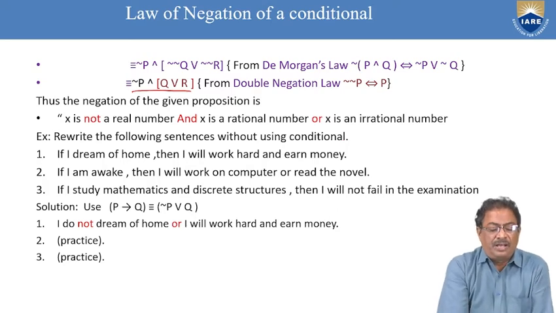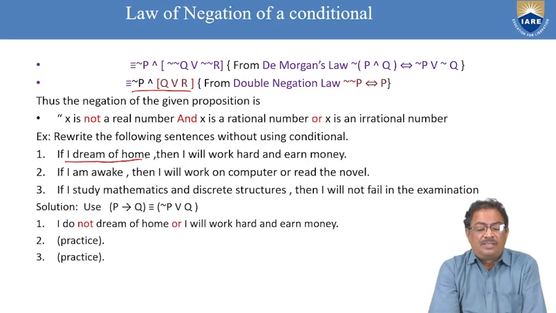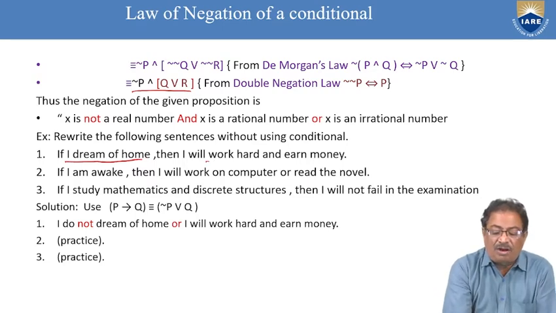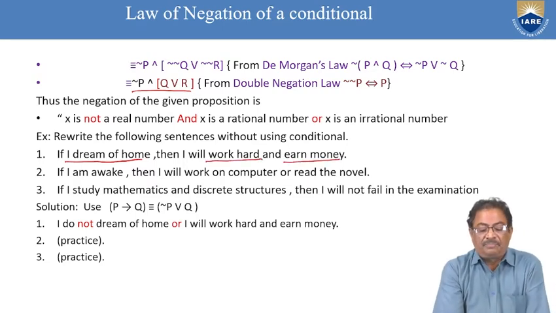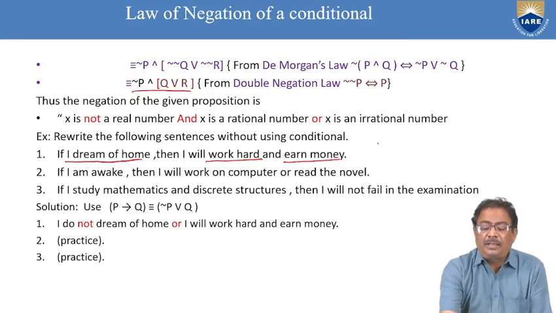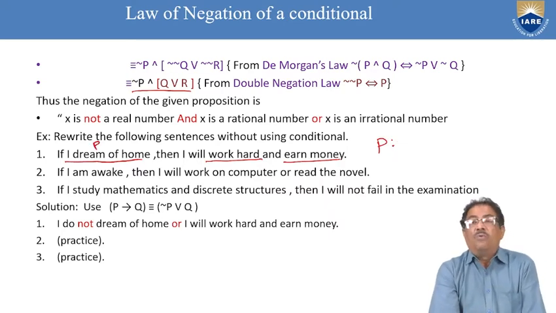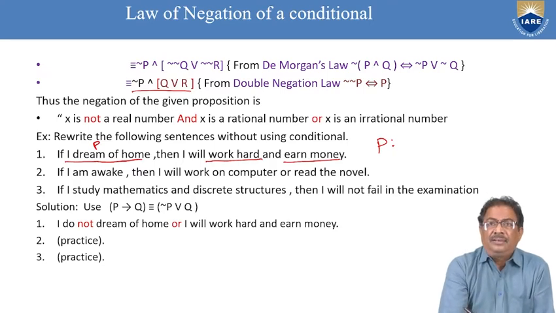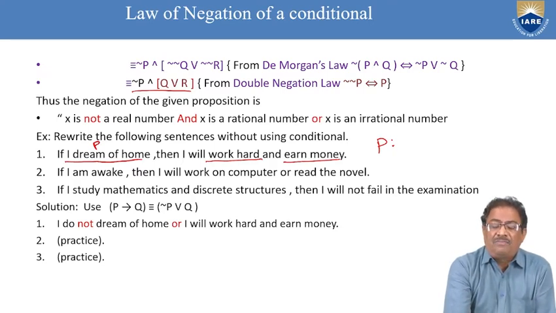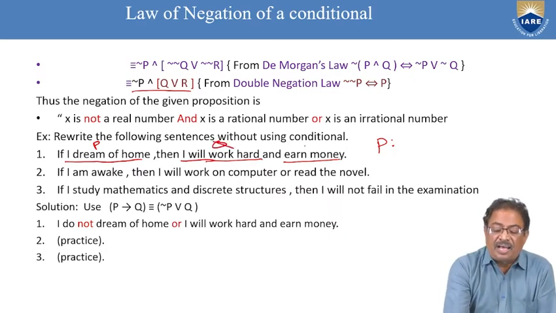So, if I dream of home, then I will work hard and earn money. Here we took the compound proposition as P is I dream of home. Then Q will be I will work hard, and R is I will earn money.